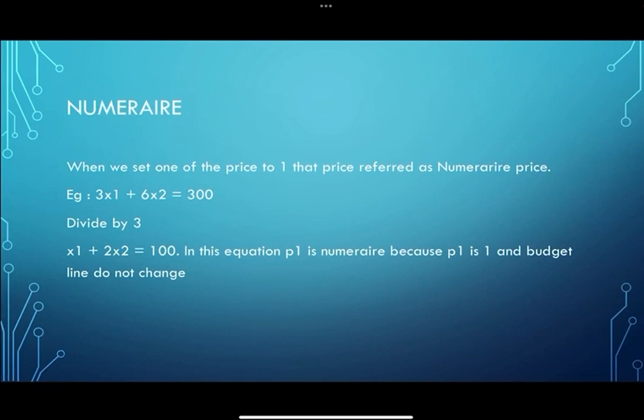Then equal to 100. So if you substitute x1 as 60 and x2 as 20 and draw the budget line for the first equation and for the second equation, the budget line remains the same. It won't change, in the sense it won't shift or pivot.